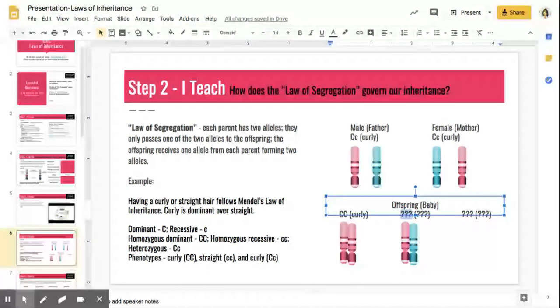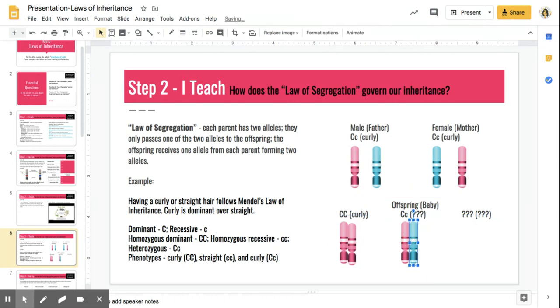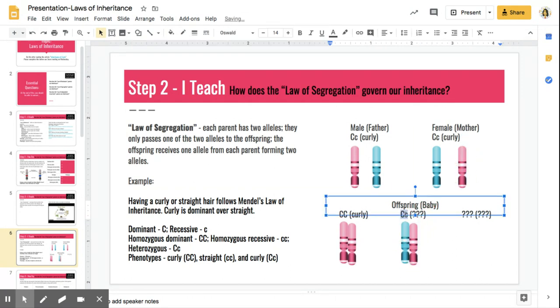So we have dominant and recessive. It's going to be the same thing even if the offspring received the recessive allele from the father and the dominant from the mother. We're still going to have the heterozygous allele symbol, which is the capital C comes in first and the small letter c comes in next.